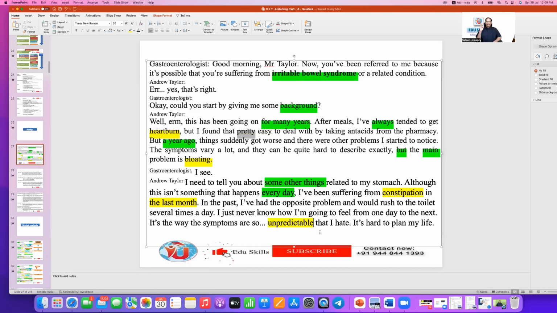Say, unpredictable, that I hate. Hate is my emotion, right? Yes, the speaker's emotion. So when somebody speaks about hate, or I love it, or I just love it, there will be an answer. When somebody expresses a lot of agony, there will be an answer. When somebody is so excited, happy, there will be an answer. So here hate, one answer.